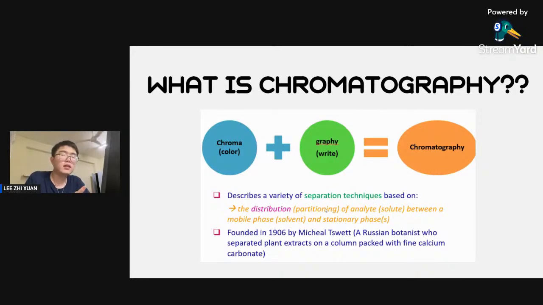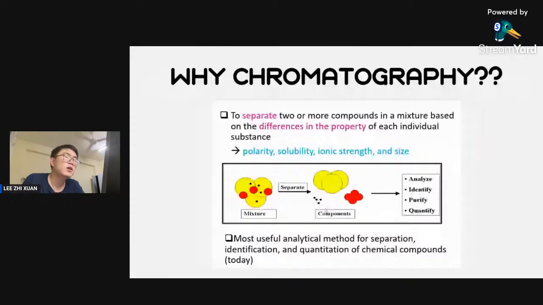In the real world, we use many applications, not only chlorophyll, but in the syllabus you learn chlorophyll, right? But you should know the theory first before you enter the application. So why do we use chromatography to separate compounds?